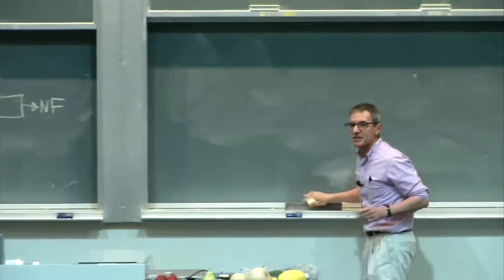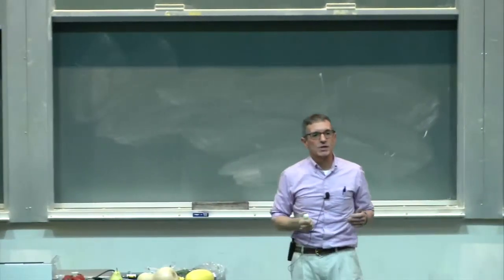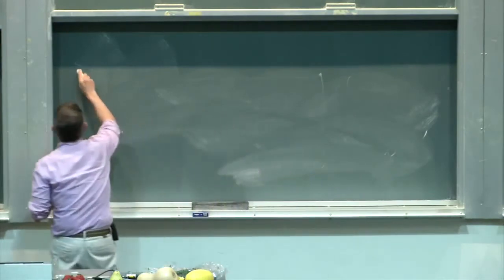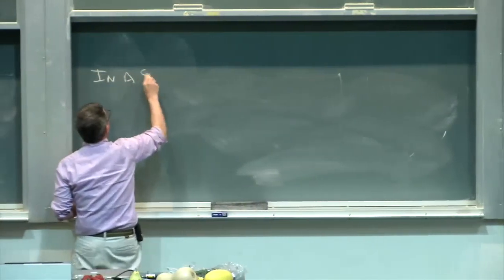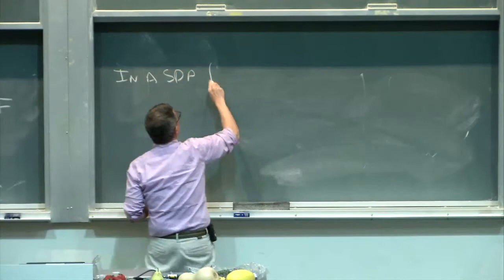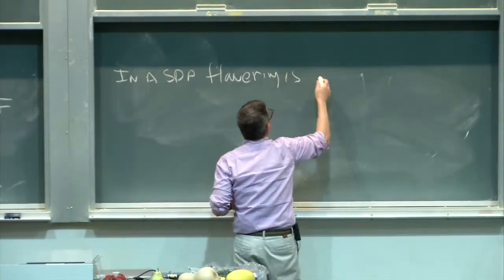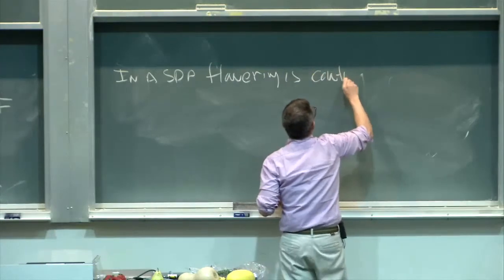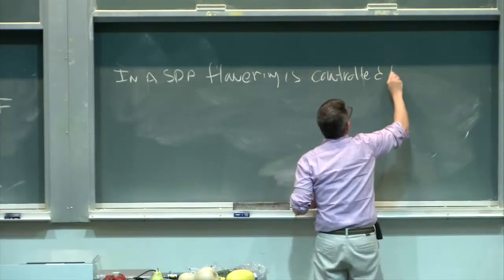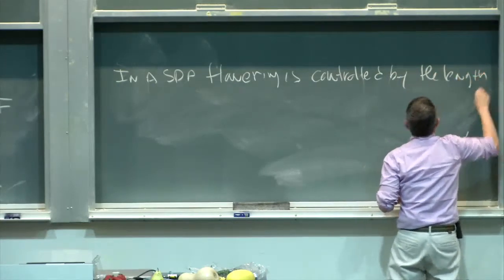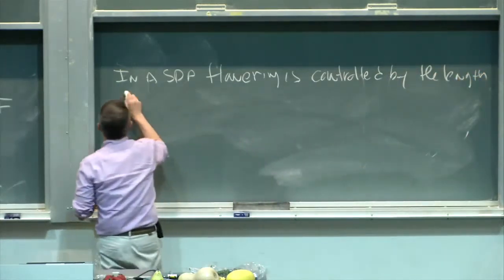So coming from this experiment was the conclusion that in a short day plant, flowering is controlled by the length of the uninterrupted dark period.